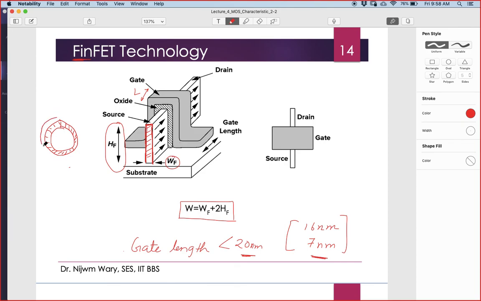My gate is here, right? So this is my gate, this is my oxide, this is my channel, so that the gate has complete control on the channel.